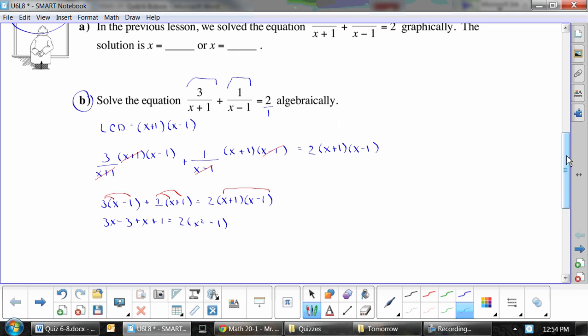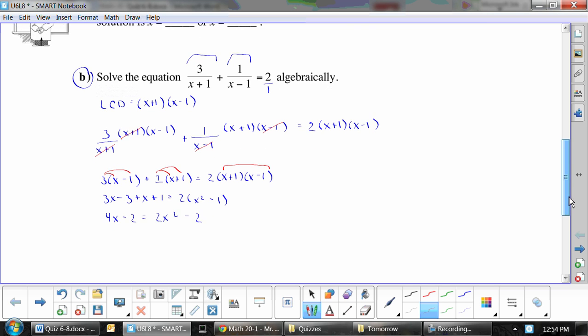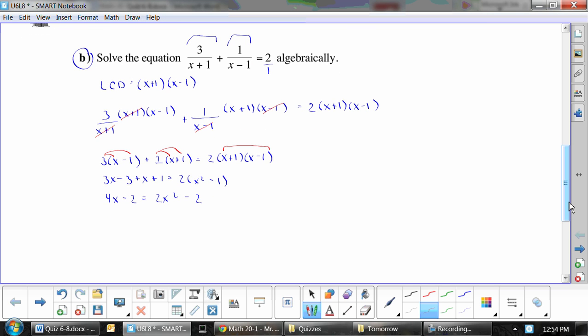Then we want to simplify. 3x plus x is 4x. Negative 3 plus 1 is negative 2, is equal to 2x squared minus 2. On Friday we said, put all the x's on one side and all the numbers on the other.